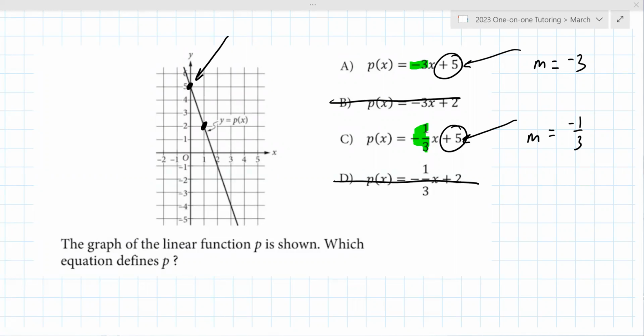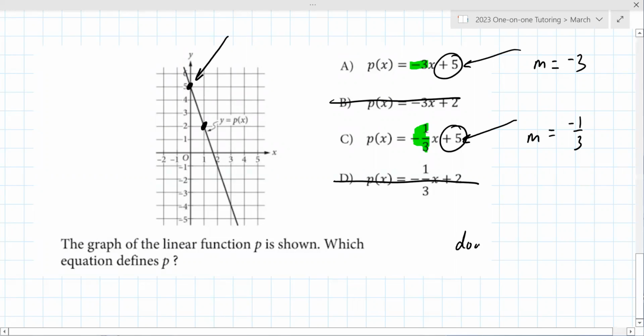Down how much? Three. And then right how many? Right one. So when you go down, that's negative, -3 over 1. So is that the slope of letter A or letter C? The slope of letter C. So you're saying what's written here is the same as what's written here. Okay, maybe no. It's A. It is A.